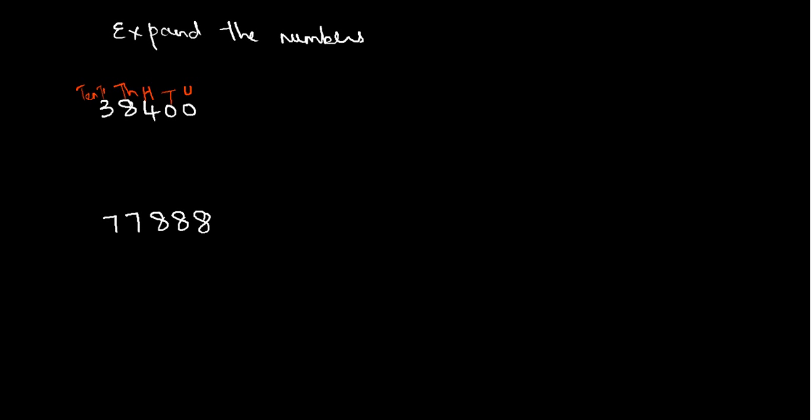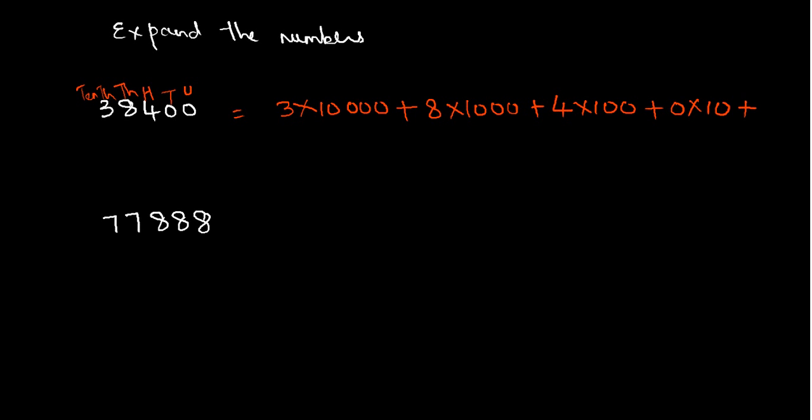Okay, so in order to expand the number, take the digit from the left side, multiply it with the place. So the 3 is in 10,000s place, 10,000 plus next digit is 8, this is in thousands place, plus next digit is 4, which is in hundreds place, next digit is 0 in tens place, and next digit again is 0 in units place.